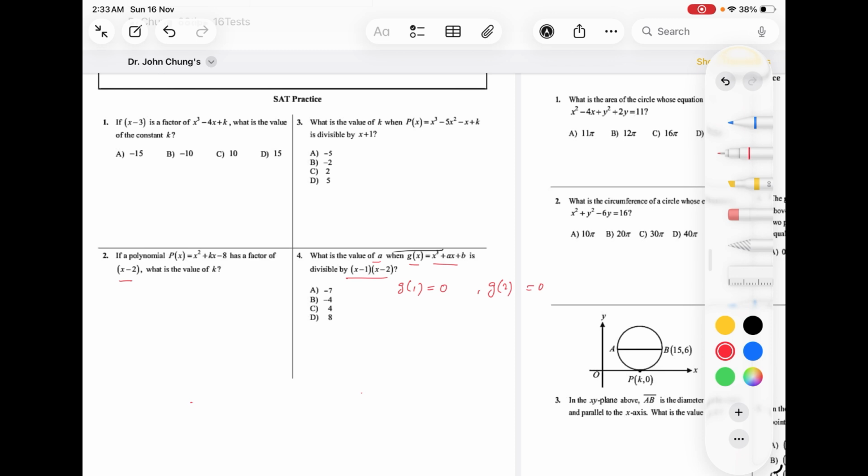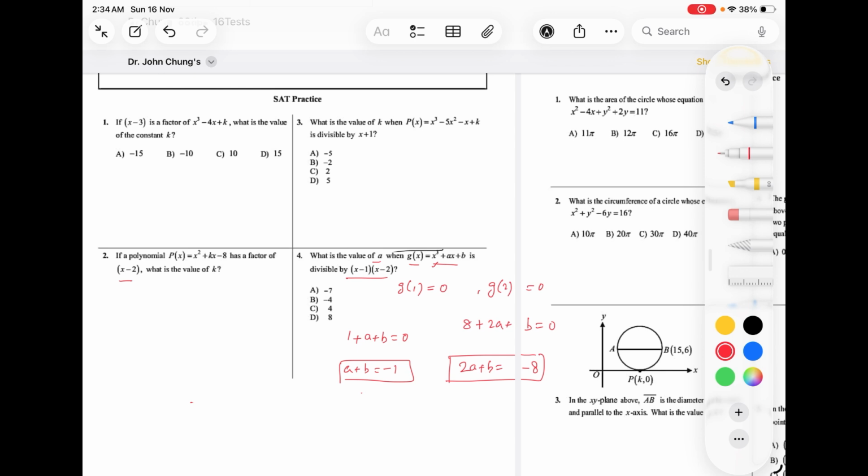I will get 1 plus a plus b equals 0. It means a plus b equals minus 1. When I put G(2) equals 0, it means 2 cube, that is 8, plus 2a plus b equals 0. It implies 2a plus b equals minus 8.